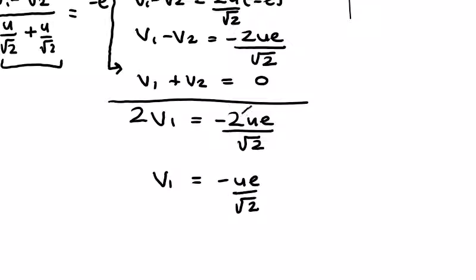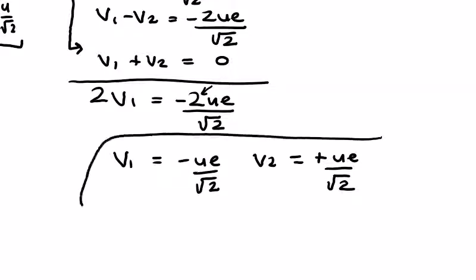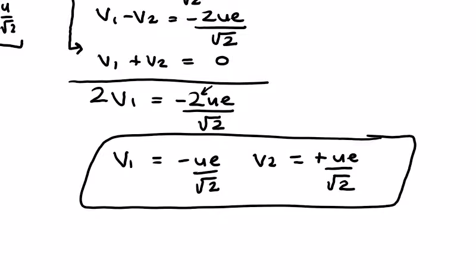The 2 will come underneath and cancel with this 2 on top. And if v1 plus v2 is equal to 0, v2 would have to be the opposite side of this, which would be plus UE over root 2.